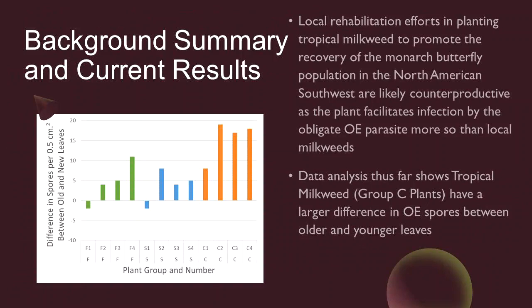And so to summarize, you can see that local rehabilitation efforts in planting tropical milkweed that are meant to promote the recovery of the monarch butterfly may in fact be counterproductive, as the plant facilitates infection by the OE parasite more so than the local milkweeds. And this is what my data has shown thus far, albeit that's only a small group of data.